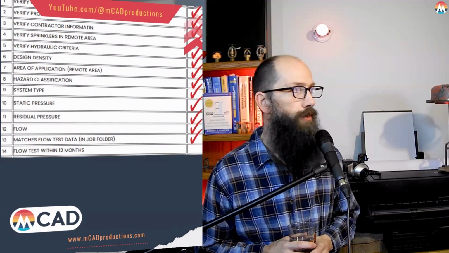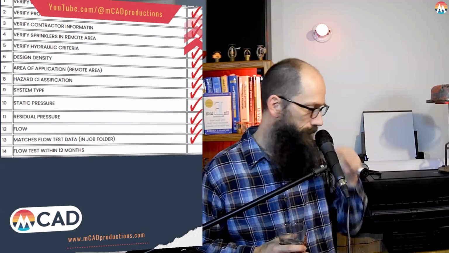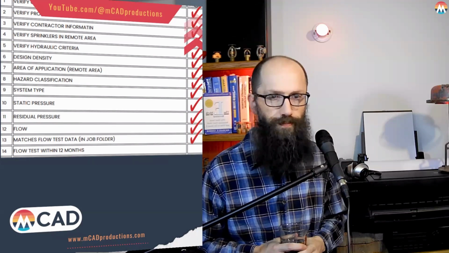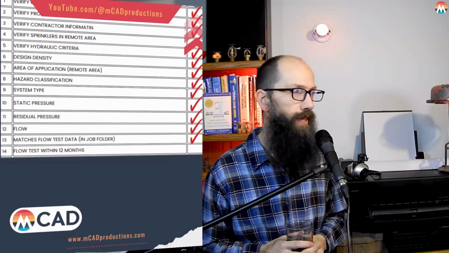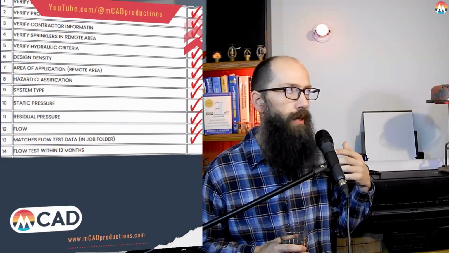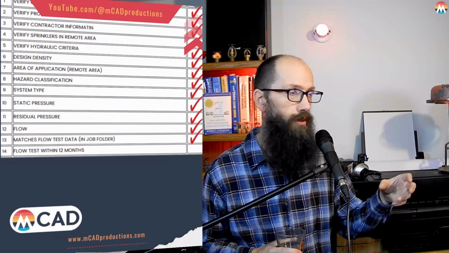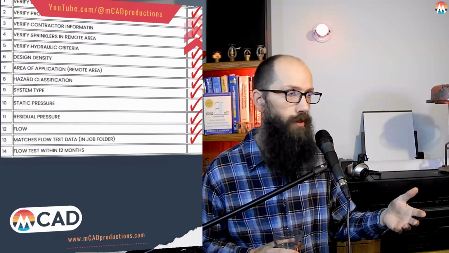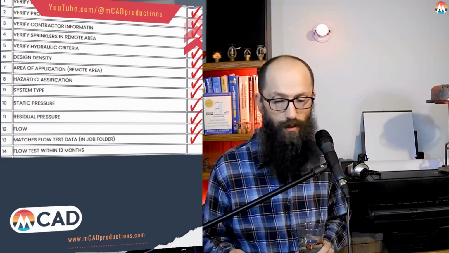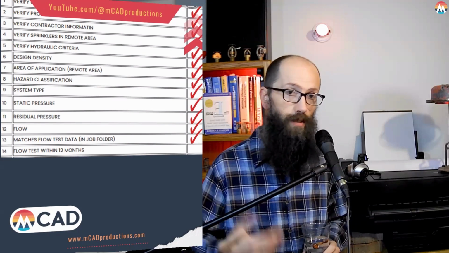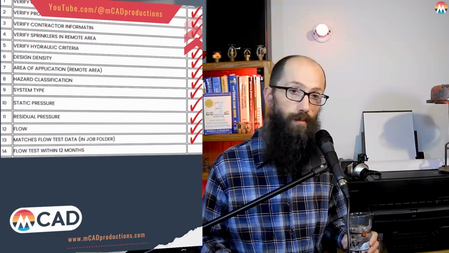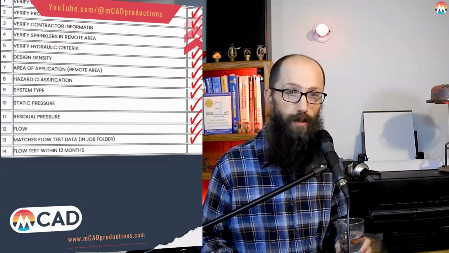All right, so one thing to note also is that the code book actually says, and that's what NFPA 13 says, that your flow test has to be no more than 12 months old. And some jurisdictions are more sticklers about that than others.